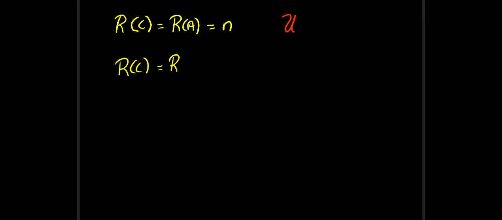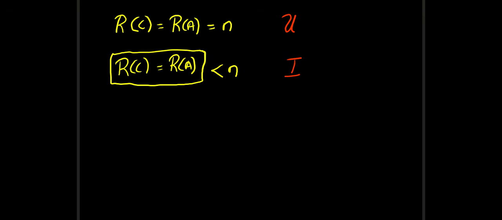Now look at this. If rank of C is equal to rank of A is equal to the number of unknowns, then we get unique solution. At the same time, if rank of C is equal to rank of A, but this quantity is less than the number of unknowns, then we get infinite number of solutions.